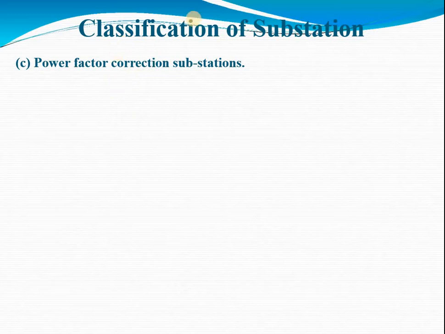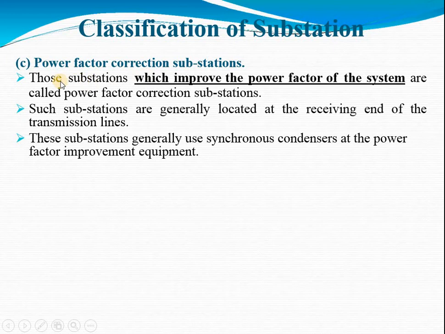Hence, there are substations called power factor correction substations. Those substations which improve the power factor of the system are called power factor correction substations. Such substations are generally located at the receiving end of the transmission lines. These substations generally use a synchronous condenser as the equipment for power factor improvement.